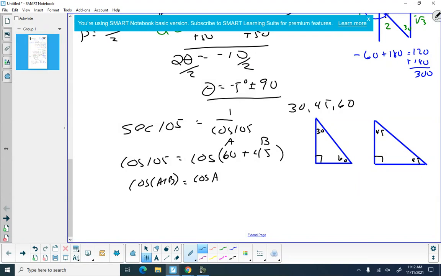You should have cosine A, cosine B, minus sine A, sine B. That's what you should be able to recopy from your formulas.